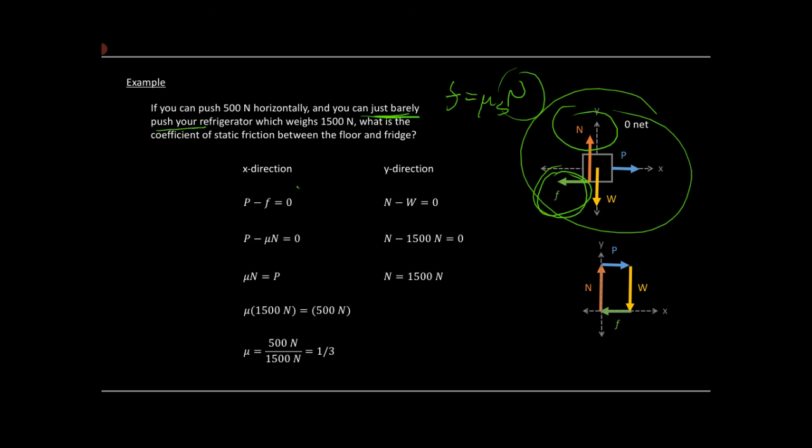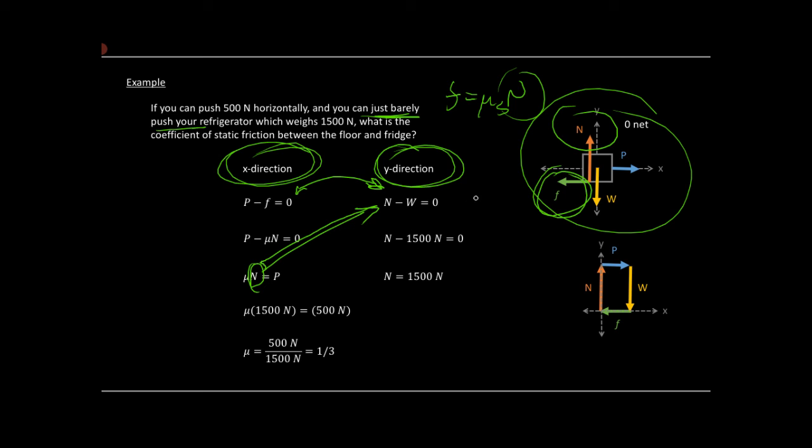Because of that, we have to solve both situations just to find that normal force. We want to find that normal force, so we have to do both the x direction and the y direction. We have to find the y direction to find the x direction.